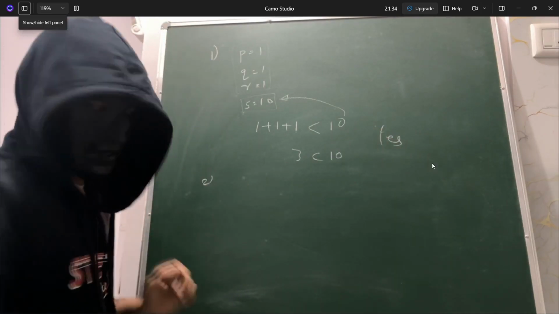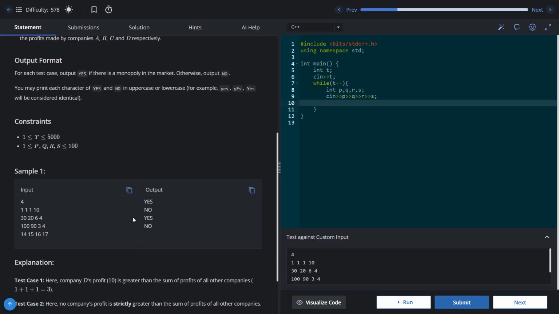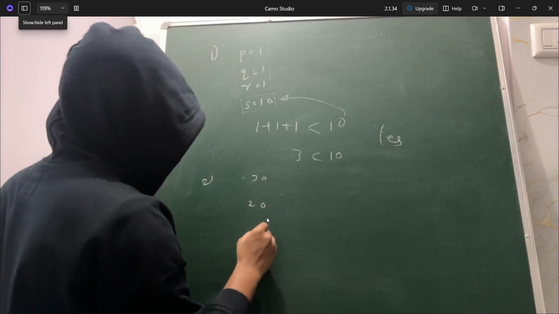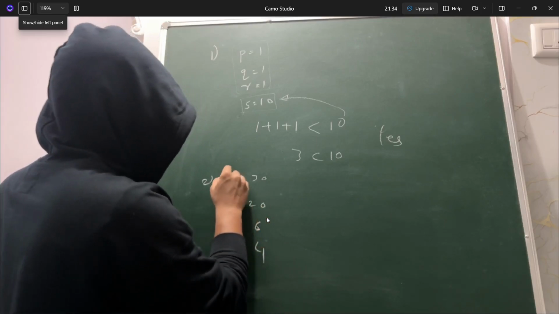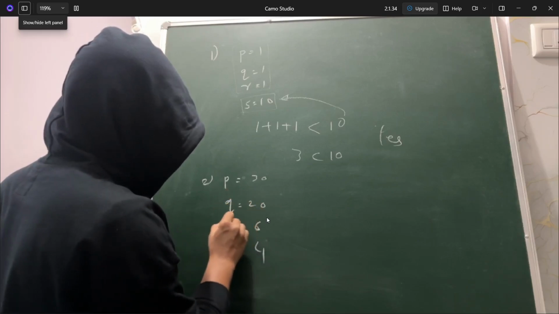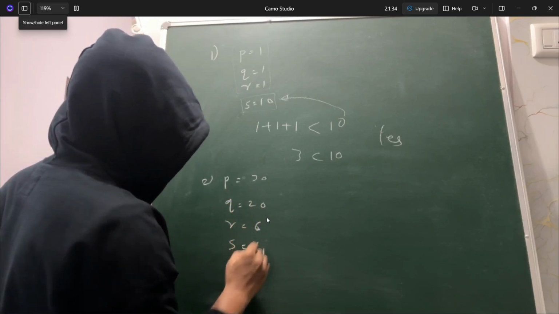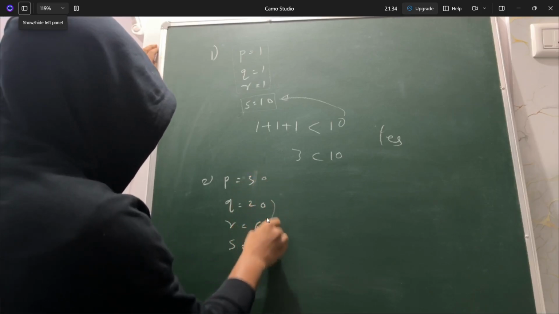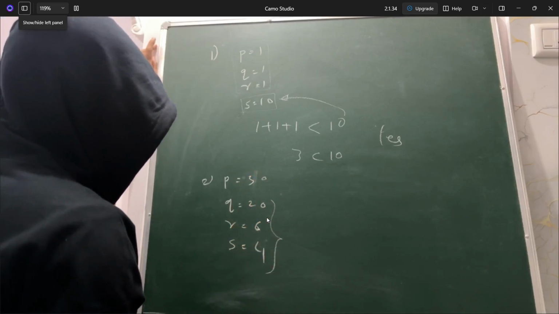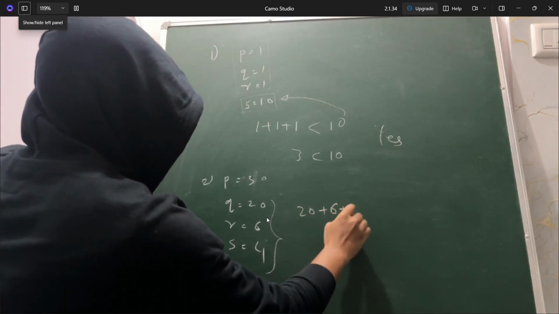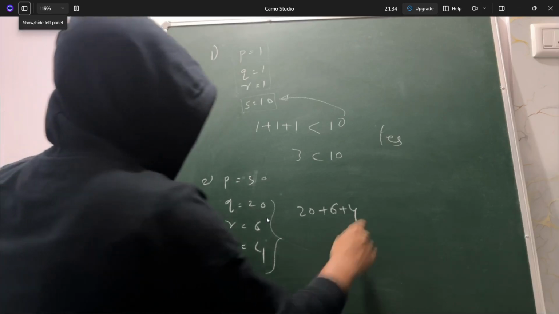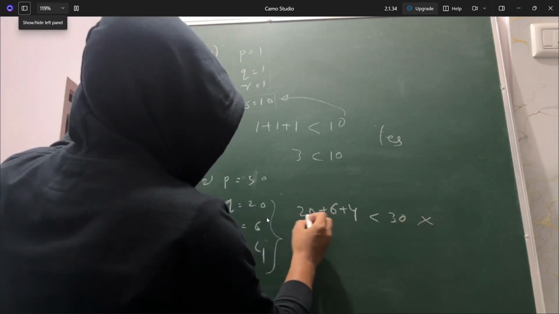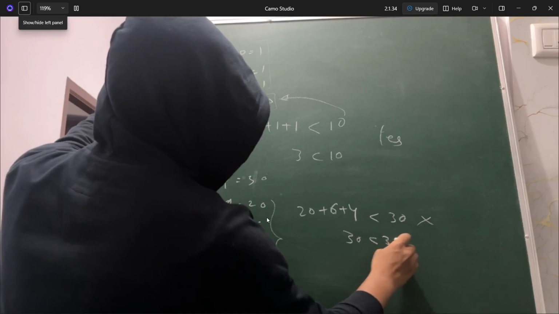Let's understand the second example. P is 30, Q is 20, R is 6, S is 4. So if you try to sum up, this is 30. If you sum up these things, it will be 20 plus 6 plus 4, which is 30. 30 less than 30 is not correct, right?